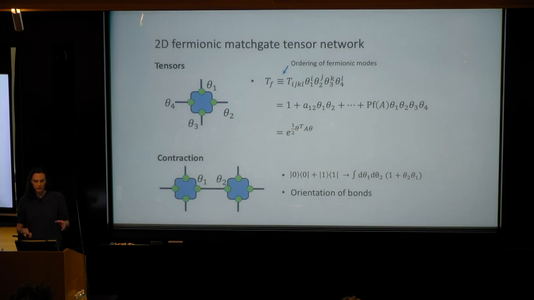So what I should really do is I take a bosonic matchgate tensor and an ordering of indices, and this I can identify with a fermionic tensor. Now, due to the structure of the matchgate tensor, if I just multiply out this object over here, I immediately see that it can be written as an exponential of a Grassmann bilinear, where in this bilinear form, this matrix A of the independent coefficients enters.